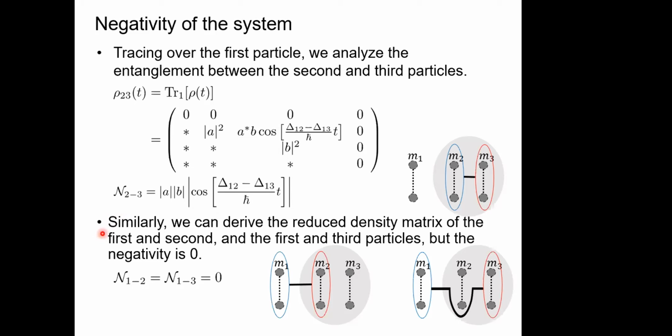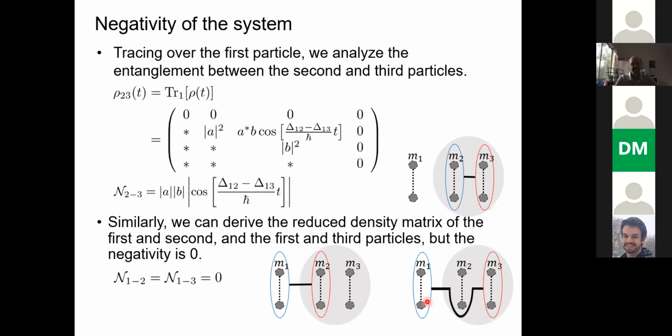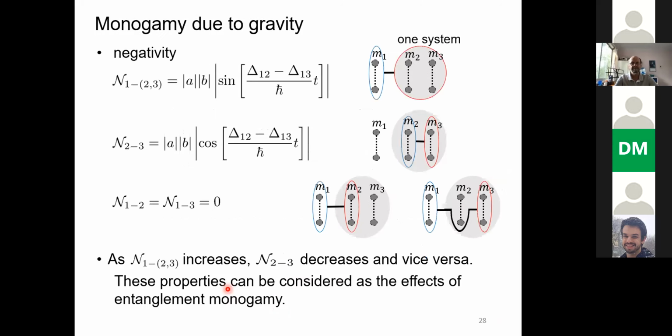Similarly, we can analyze entanglement between the first and second particle, and between the first and third particle. But both negativities equal 0, so the first particle is not entangled with the second and third particles. As a result, the negativities are obtained by this form.